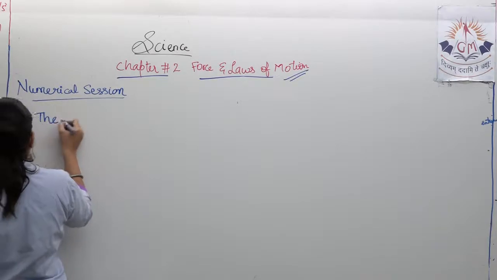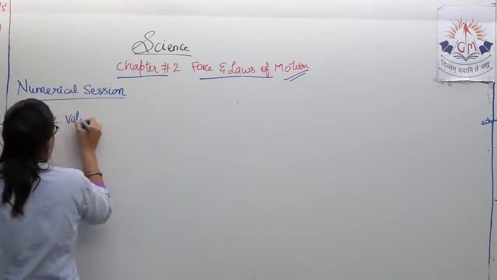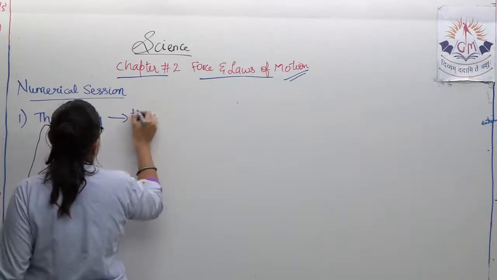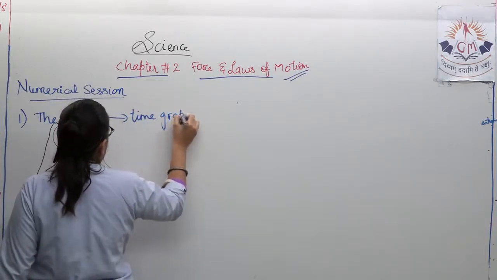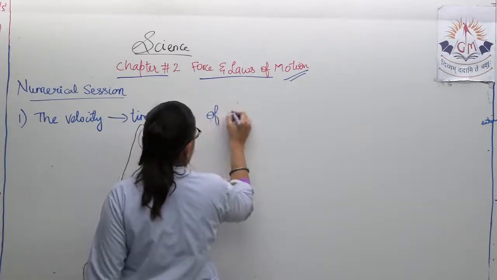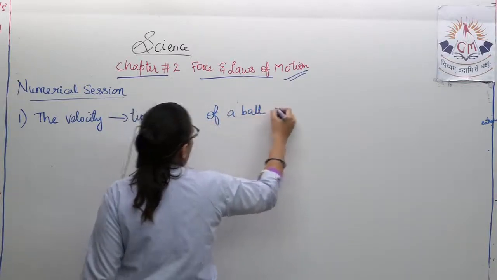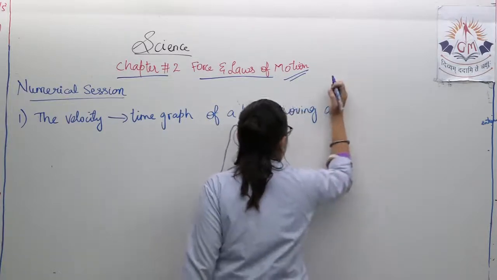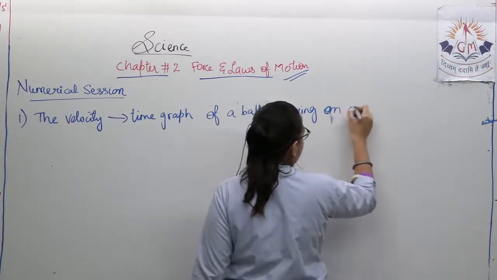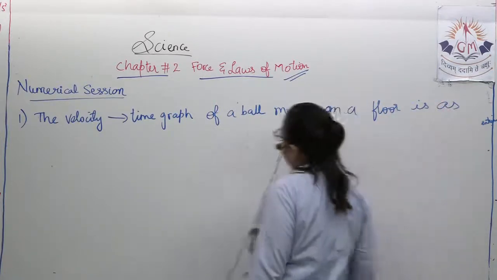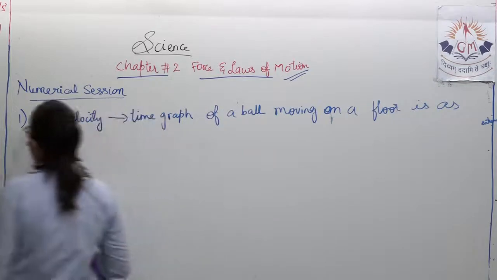the velocity versus time graph of a ball moving on a floor is as shown in figure.